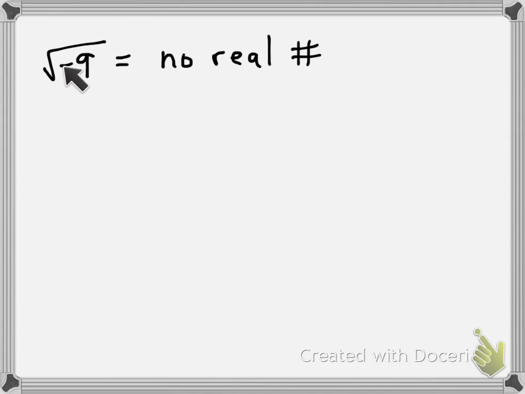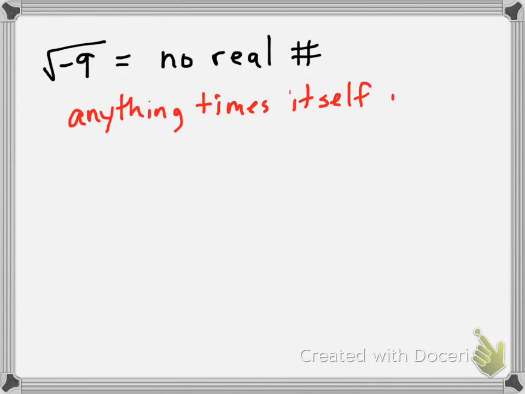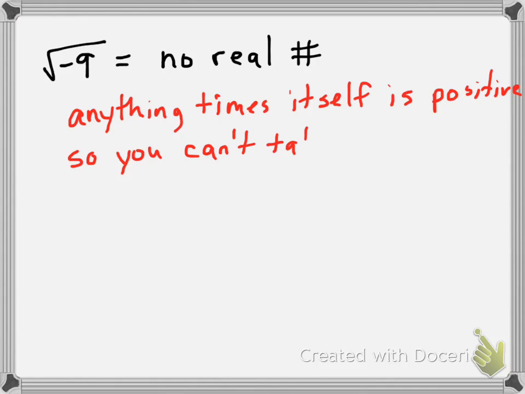So if there's a negative inside the radical, under the radical, then the answer is no real number every time. Okay, that's just kind of a special case. And that's because anything you square becomes positive. So there's no way to get any negative number. So you can't take the square root of a negative number.